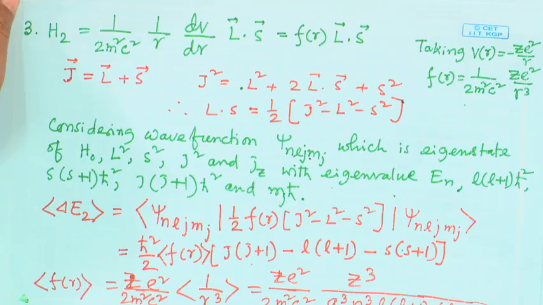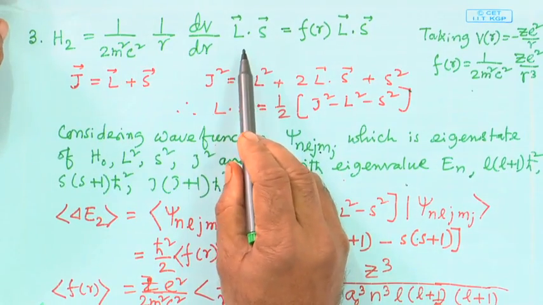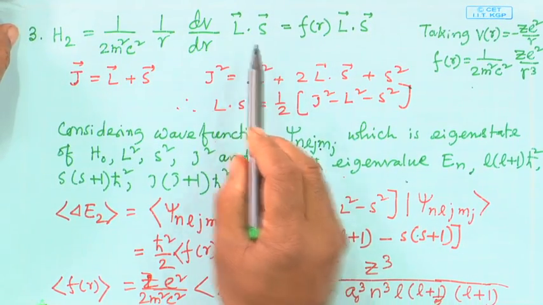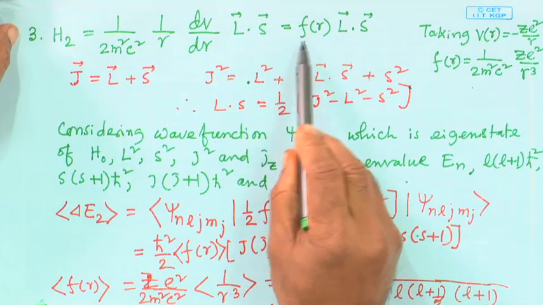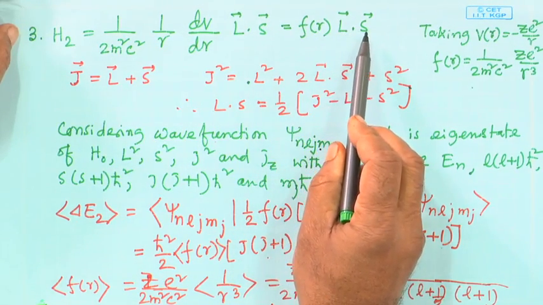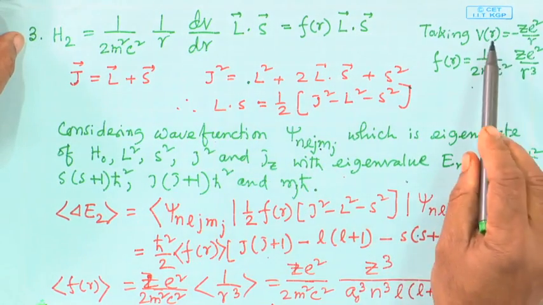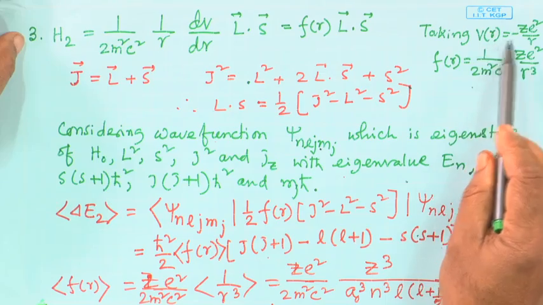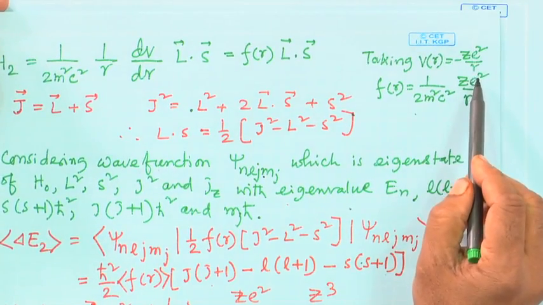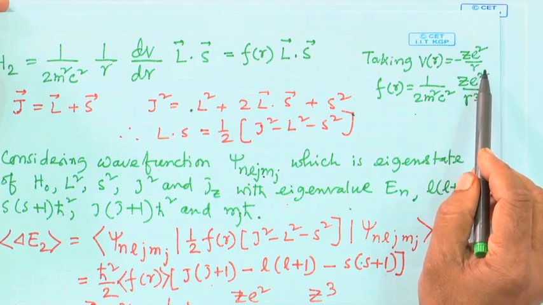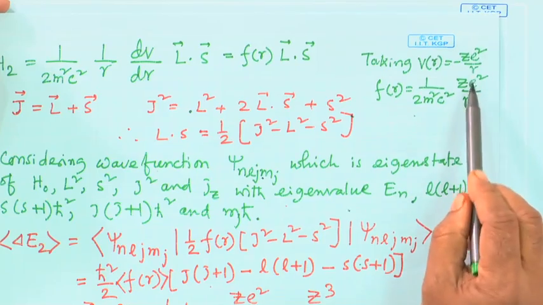In the H2 term, you know, there is the L dot S term, and the other part is a function of R. I have written this as a function of R times L dot S. If you take dV by dr, where V is minus Z e square by R, then the function of R becomes 1 by R cube.